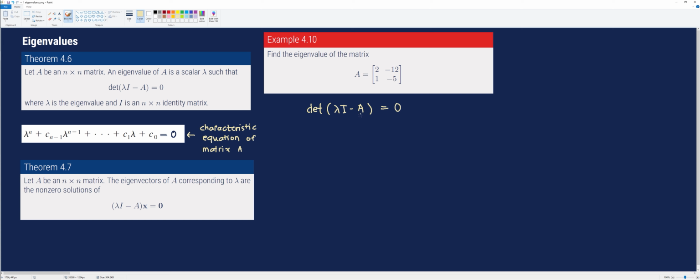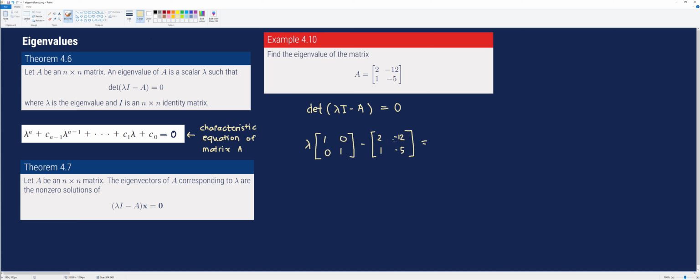Then we perform the operation inside the determinant, giving us the matrix lambda times 1, 0, 0, 1 minus matrix A, that is 2, negative 12, 1, negative 5.